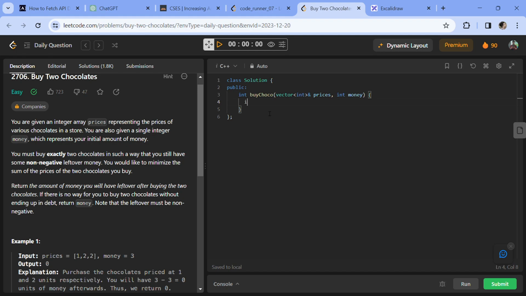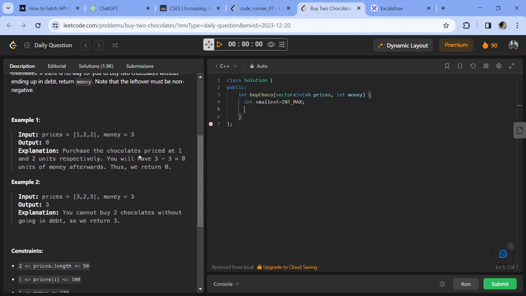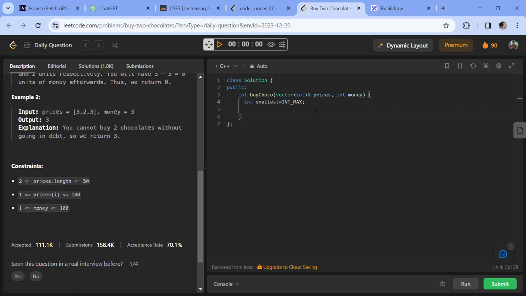Let me initialize our first variable, the first smallest element, with INT_MAX, because we have to take the edge cases into account. We take the maximum element so that no error takes place while running the program.